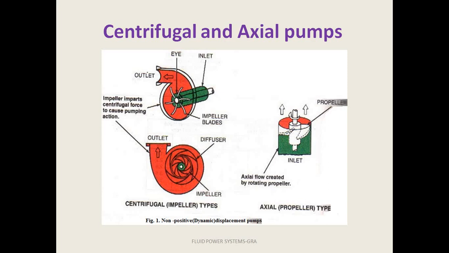So pressure is increasing because of the construction, and the second reason is because of the hitting of the impeller blades to the water particles. These are the two reasons why pressure is increased, and that increased pressure fluid is thrown out of the outlet. So that is the normal working of a centrifugal pump.